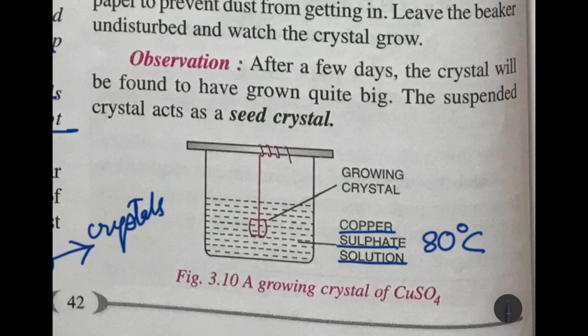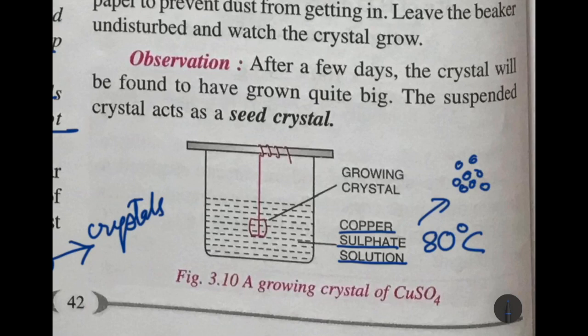Then we filter it. Now the filtrate is cooled and it is left for a day. The next morning, you'll see tiny crystals coming out. These are the crystals of copper sulfate.